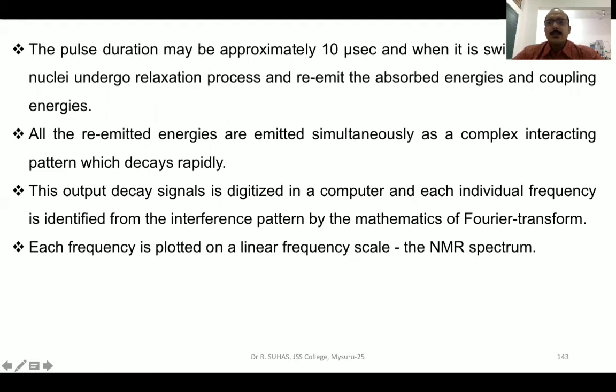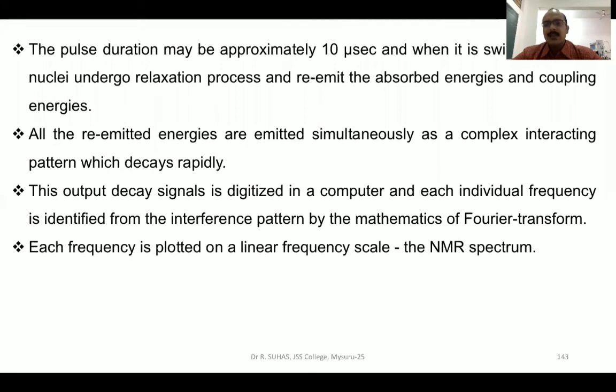Here the pulse duration is of very, very short duration, approximately 10 microseconds. When the external frequency which is given is switched off, the nuclei undergo relaxation and re-emit the absorbed energy and coupling energies. All the re-emitted energies are emitted simultaneously.